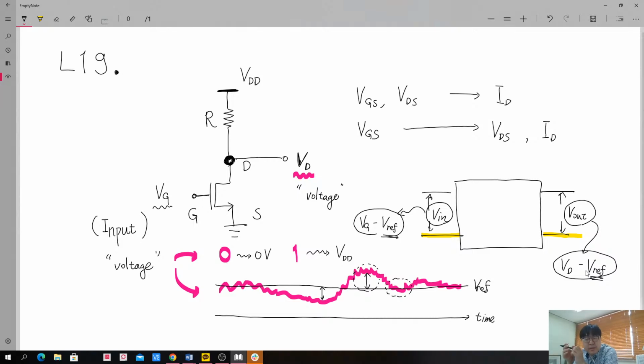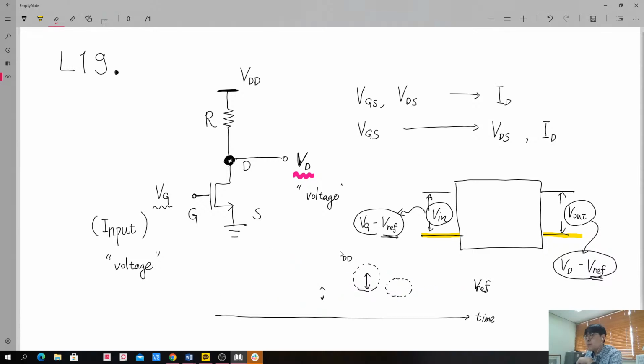Let me summarize the discussion up to now. After reviewing our previous lecture, I introduced a simple circuit which has one MOSFET and one resistor. In this case, we wanted to have the voltage relation of this simple circuit.